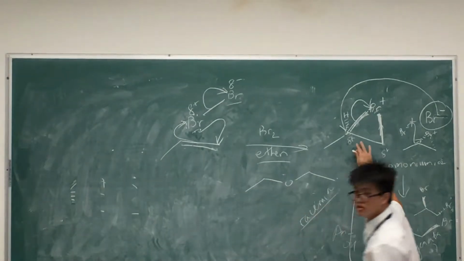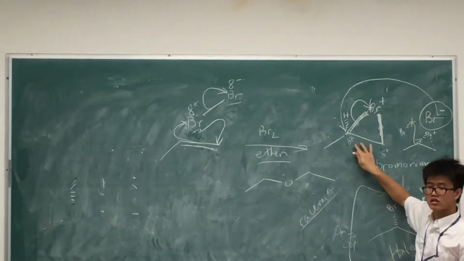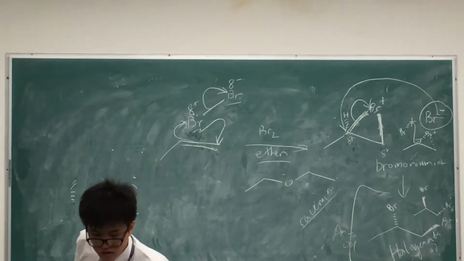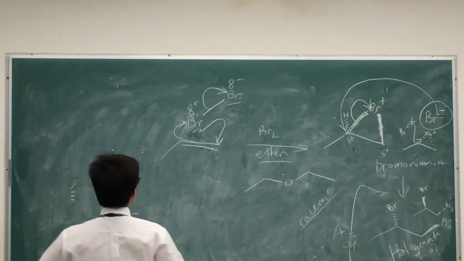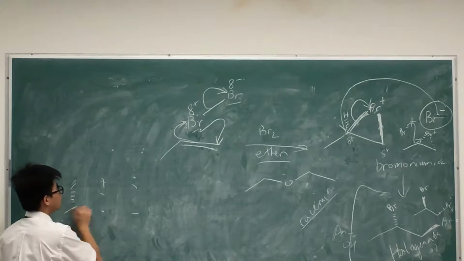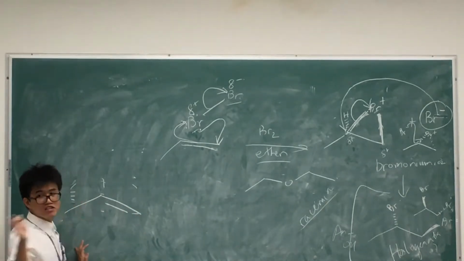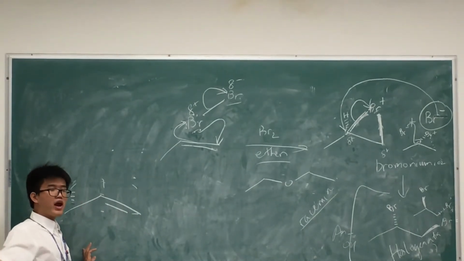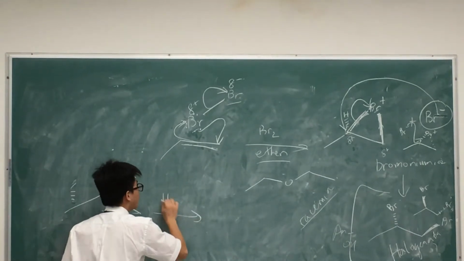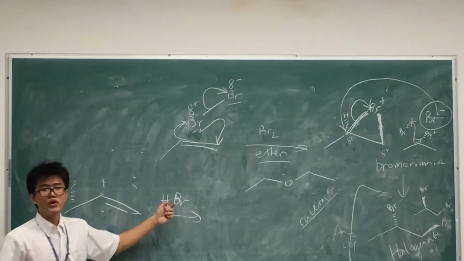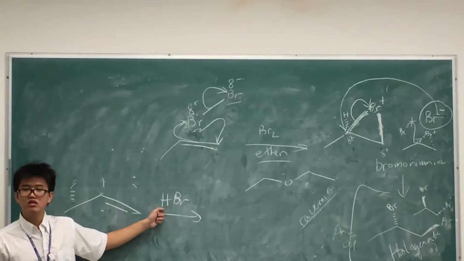But I think right here they don't form the bromonium ion, they form a carbocation. And remember, everyone, Frank made the same mistake. Why in this case don't we have bromonium ions?